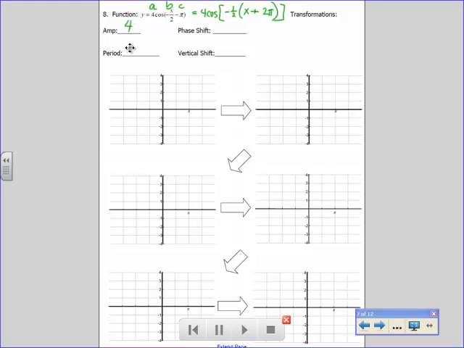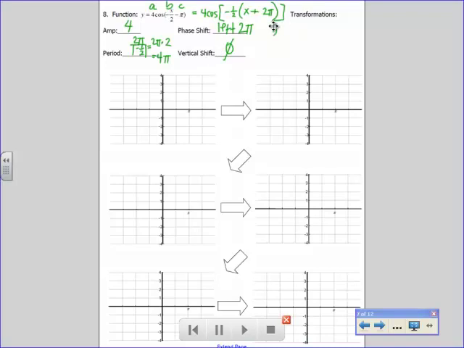Our period, we're going to have to calculate by doing 2 pi divided by the absolute value of B, which is going to get us 2 pi times 2, which is going to get us 4 pi, which, by the way, if you're paying attention to our graphs, is the entirety of our left to right space. Our phase shift is going to be left 2 pi, which is half of our whole graph, and we have no vertical shift.